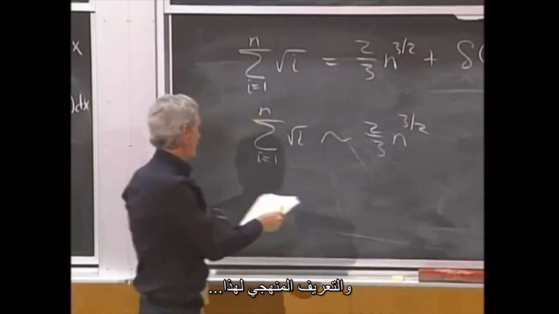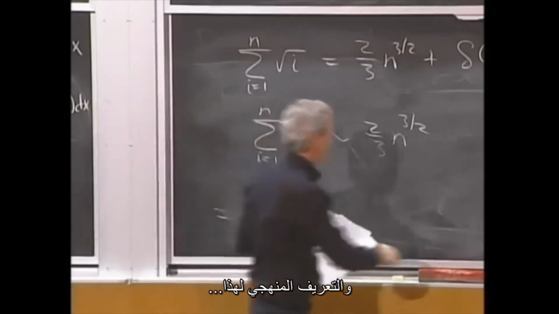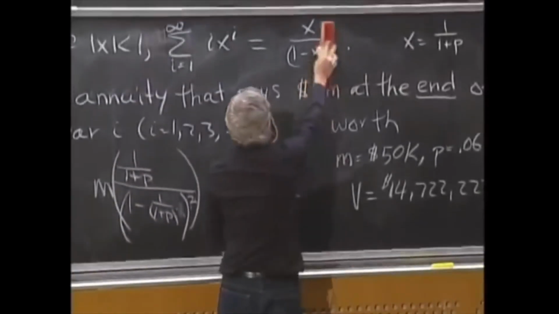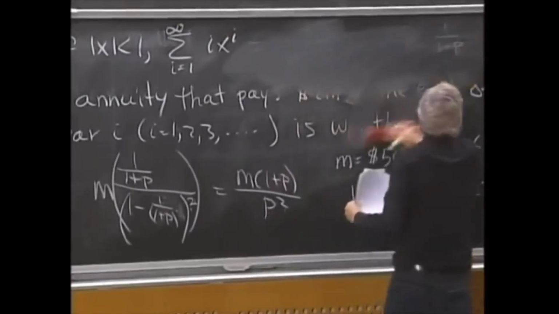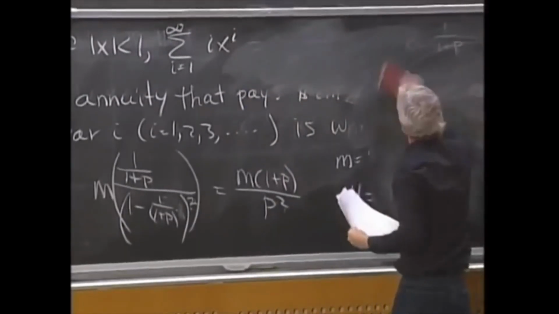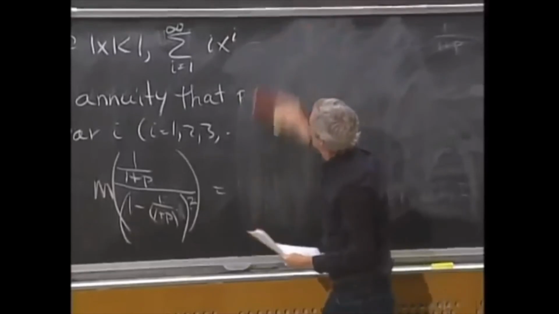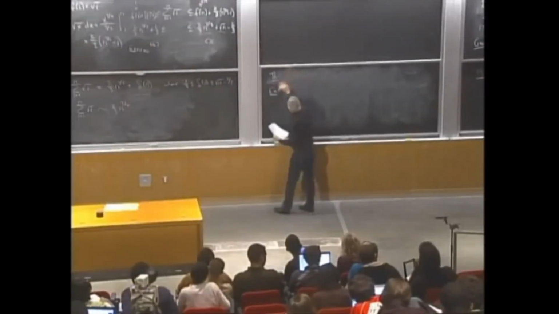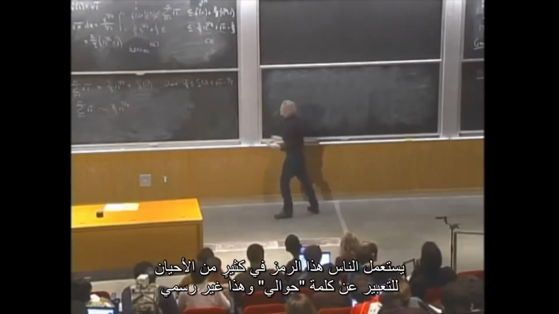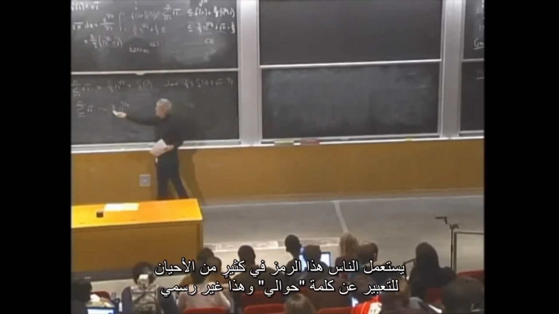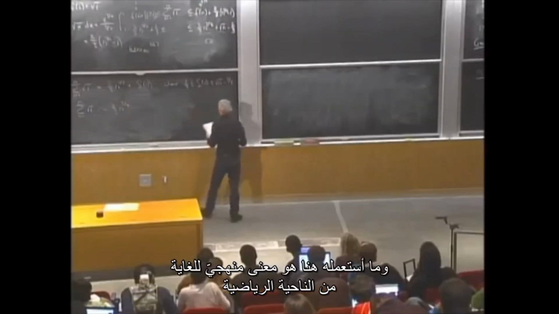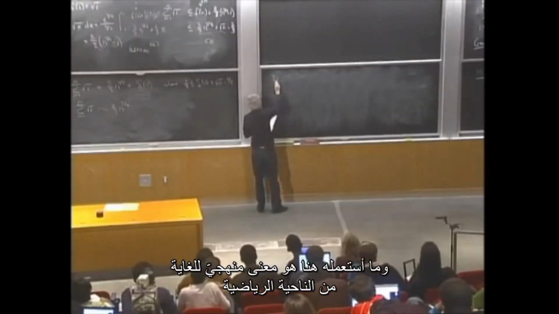And the formal definition, let's write out the formal definition for it. Now, a lot of times you'll see people use this symbol to mean about. That's informal. When I'm using it here, it's a very formal meaning mathematically.